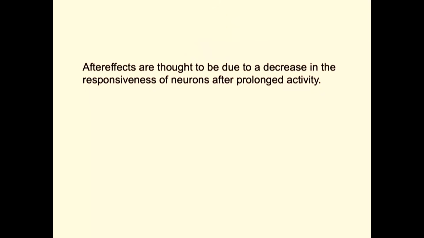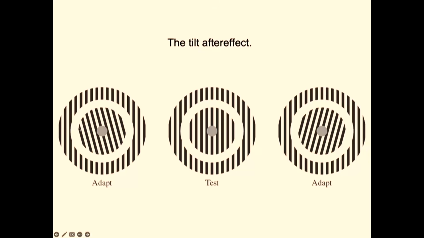In general, we think that aftereffects are due to something that happens in your visual system whereby there is a decrease in the responsiveness of neurons after a period of prolonged activity. The idea is that when you are adapting yourself, staring at this grating, the neurons that are responsive to this grating are firing pretty hard for an extended period of time, like a minute.